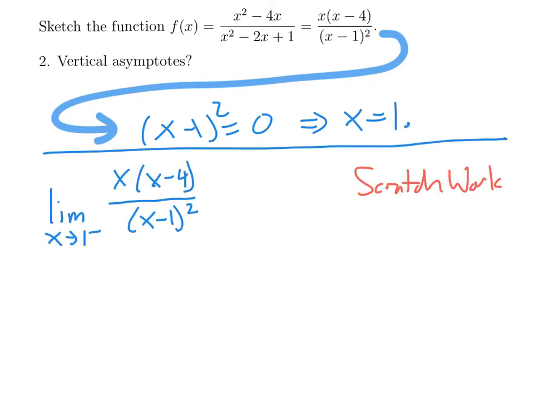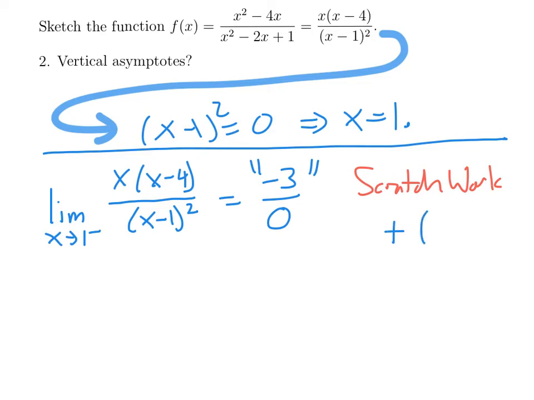When we start to look at the limit as x goes to 1 from the left, well, plugging in 1, we get 1 times negative 3, that would give us a minus 3 on top, and a 0 on the bottom, and that tells us, yes indeed, we're going to have some kind of asymptote. And so we do a little bit of scratch work, and we say, alright, if x is a number that's just a tiny bit smaller than 1, then x is going to be a positive number.